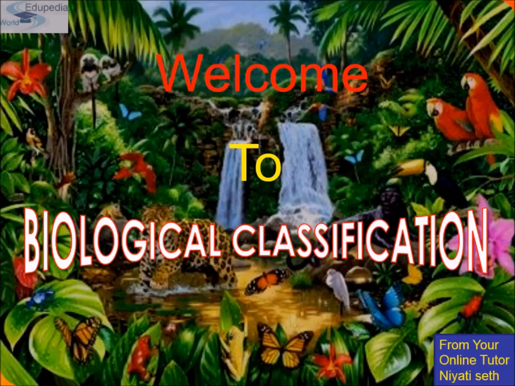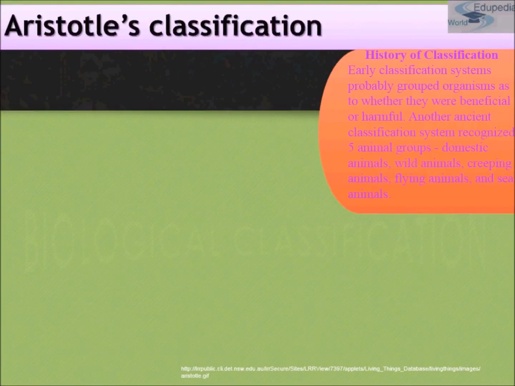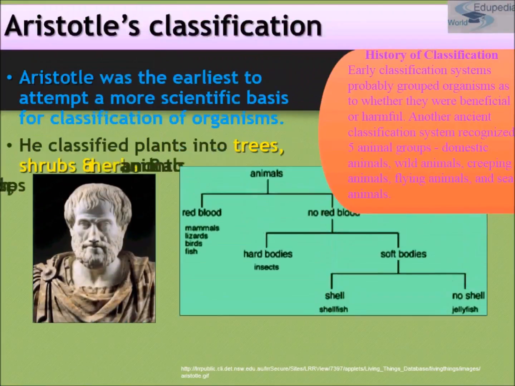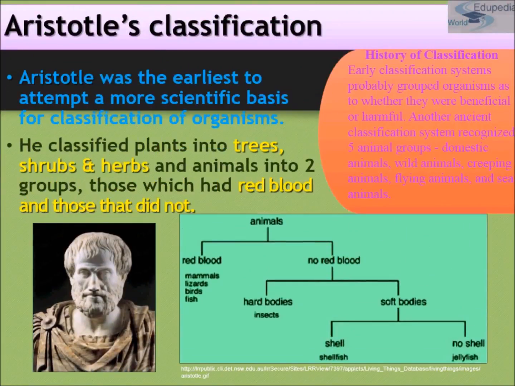Aristotle was the earliest to attempt a more scientific basis for classification. He used simple morphological characteristics to classify plants into trees, shrubs, and herbs. He also divided animals into two groups, those which had red blood cells and those that did not.